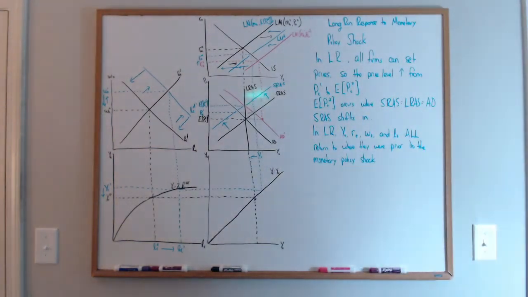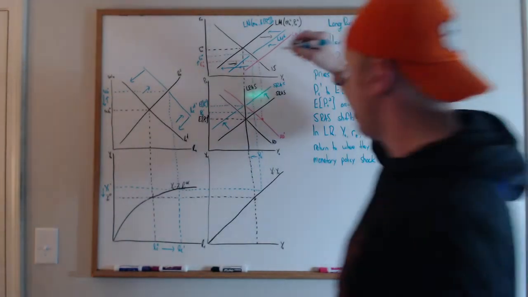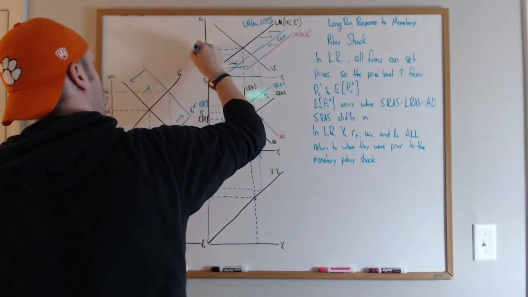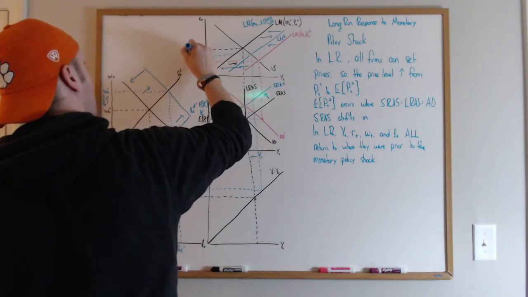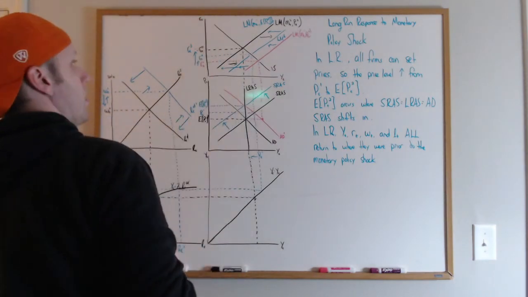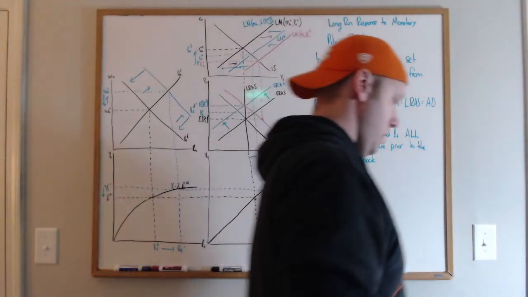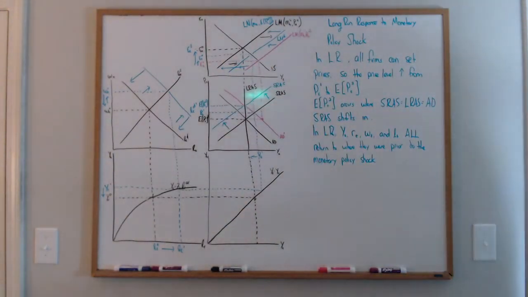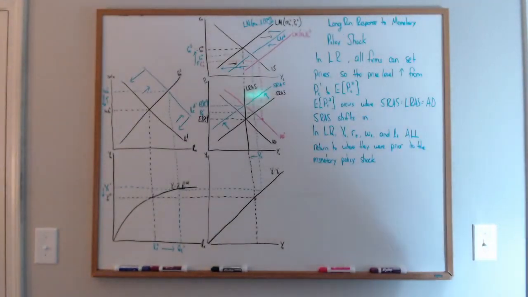So in the long run, output, the real interest rate, because the real interest rate goes back up all the way, we call it RT3. All of the real variables return to where they were prior to the monetary policy shock.